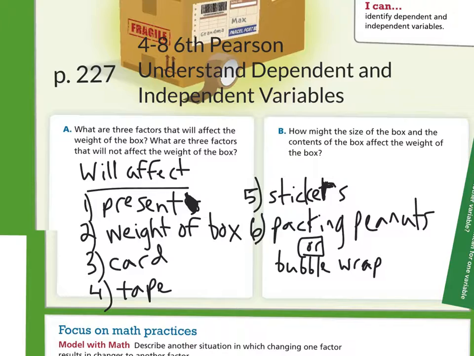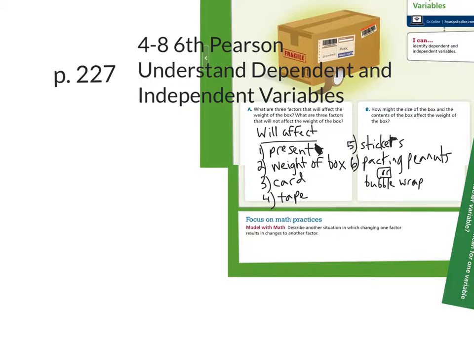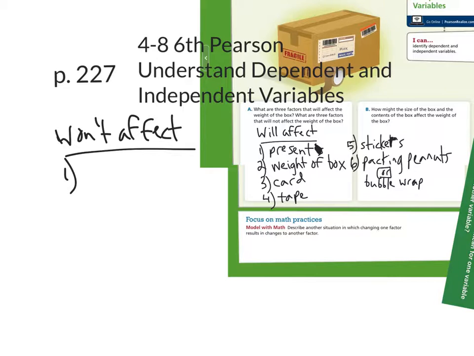Besides that, we can also talk about things that won't affect the weight of the box. The color of the box is not necessarily going to affect it. I mean, you could argue that if they colored it and the ink weighs something, but not a big factor there probably.